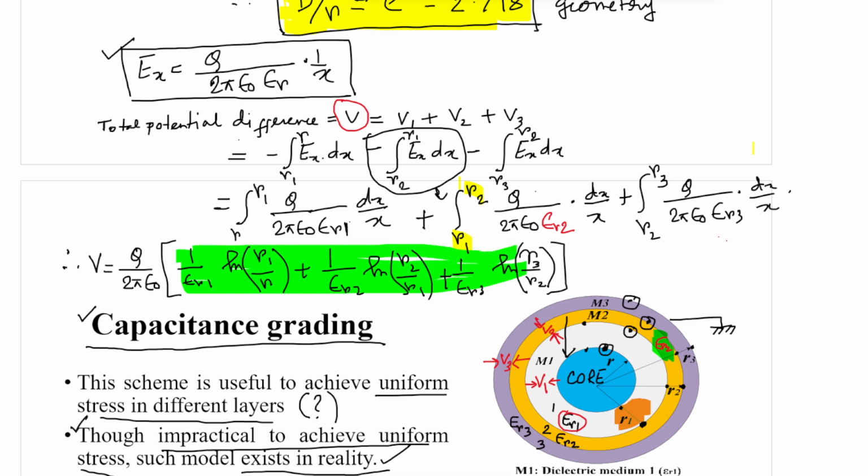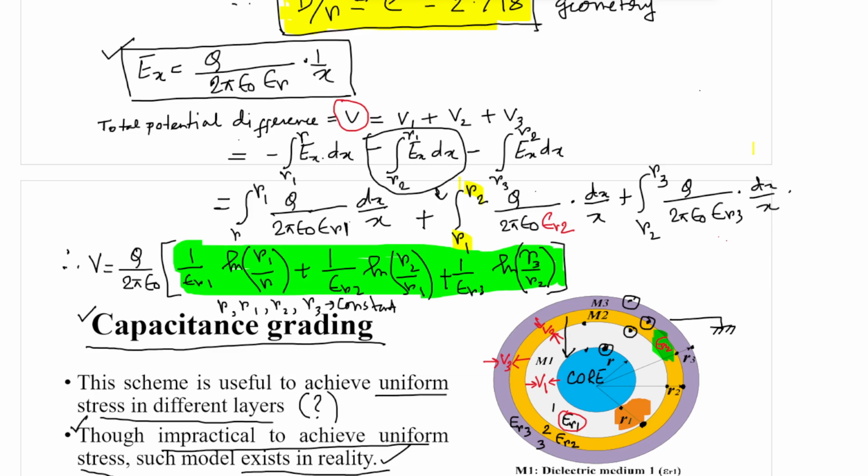Because the dimensions r1, r2, r3 are all constants.